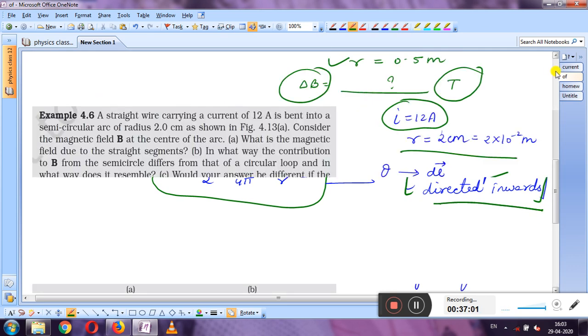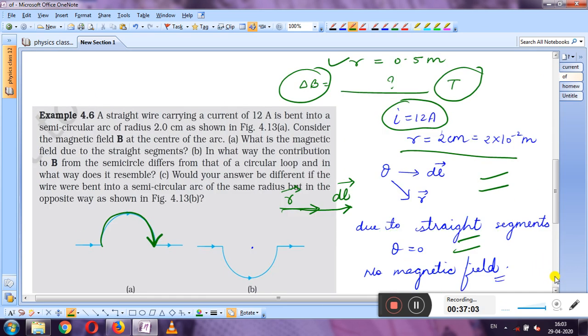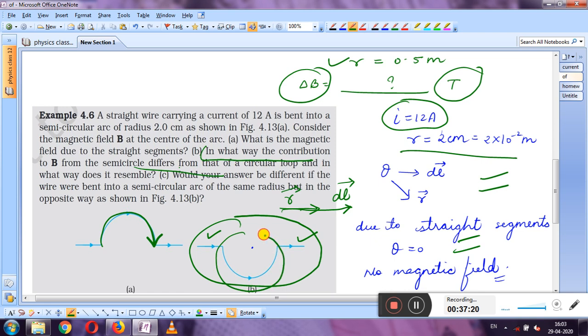And in the next part, let me tell you in short what they are asking. They are asking what will be the contribution if you have the same thing, but the semicircular arc is on the other side. Then due to the straight current parts there will be no magnetic field. The magnetic field will be due to the semicircular arc, and at the center the magnitude is going to be the same.